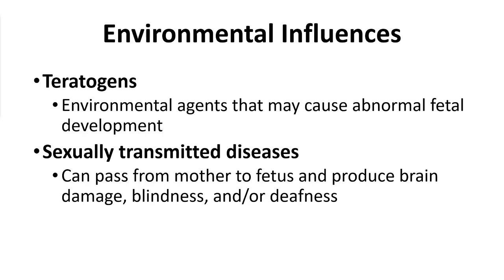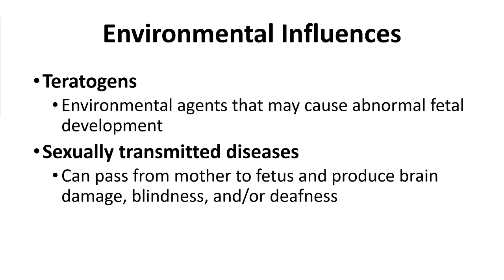So it's not just things from the mother that can negatively influence the fetus, it can also be other environmental factors as well. And we'll talk a little bit later also about alcohol as another teratogen.